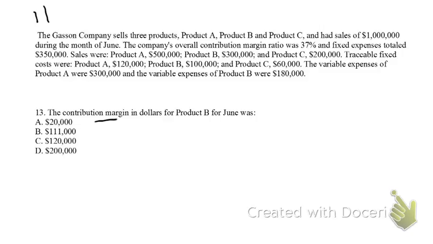We're looking for the contribution margin for product B for June. Sales for product B were 300 grand.